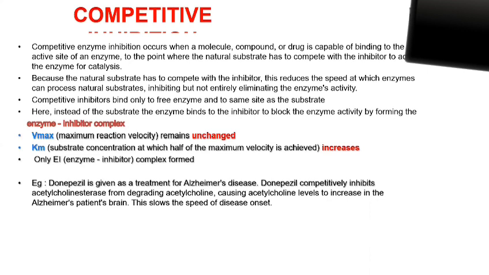We know that the substrate binds to the active site of the enzyme, but over here the enzyme inhibitor competes with the substrate to bind to the active site. So instead of an enzyme substrate complex, we get an enzyme inhibitor complex. In competitive inhibition, only one complex is formed, the enzyme inhibitor complex, which is used to block or inactivate the activity of the enzyme.